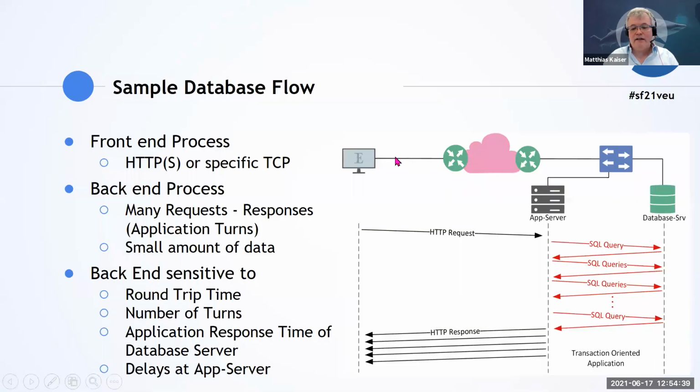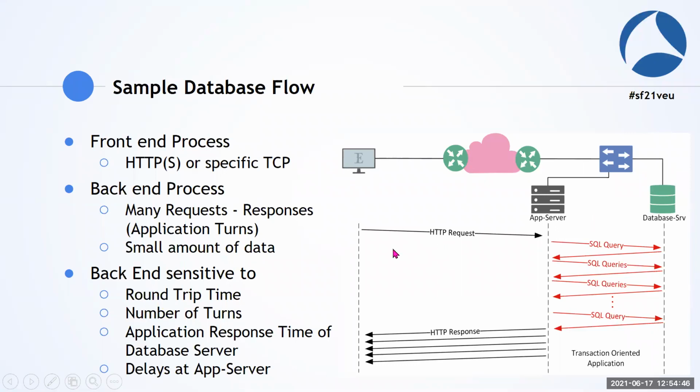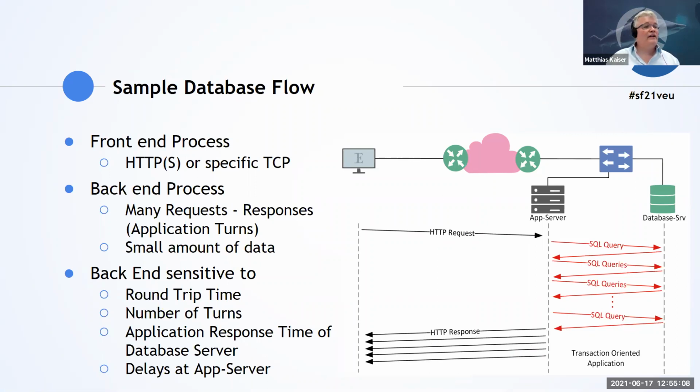I had a client, one app server, one database. If there was only one user on the system, I see a request and then the app server would just do a connect to the database, and you would see the first query and the last query and the series of queries on the back end, and then the response coming back. Now, if you've got, and it's a very valid question.